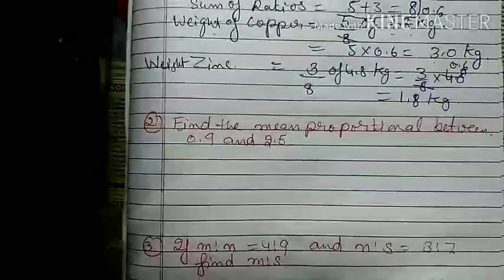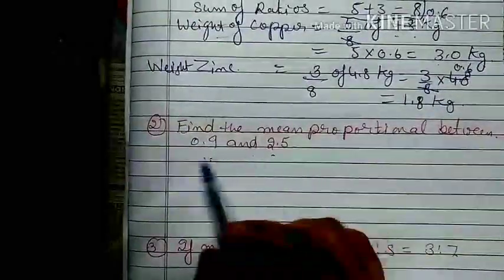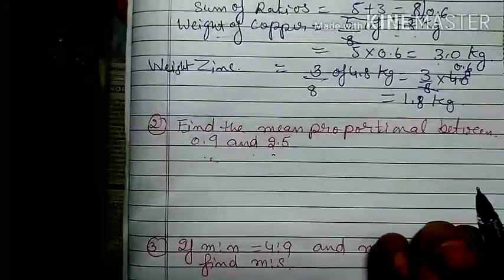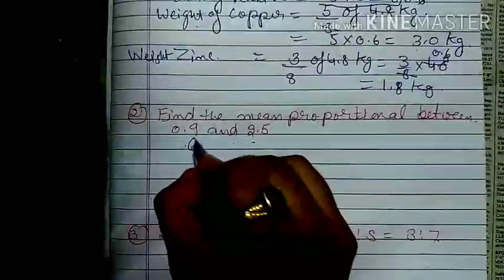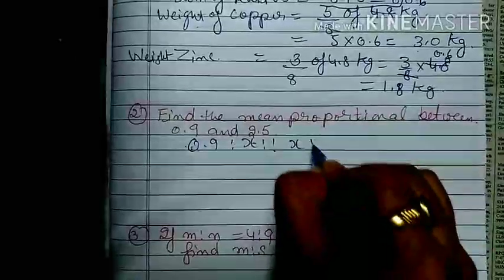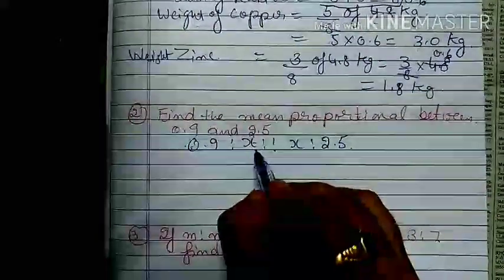Next is: find the mean proportion between 0.9 and 2.5. You have two numbers, and you have to find the mean proportion. So first we consider that my mean proportion number is x. It will be written as 0.9 is to x as x is to 2.5. Now what will you do?